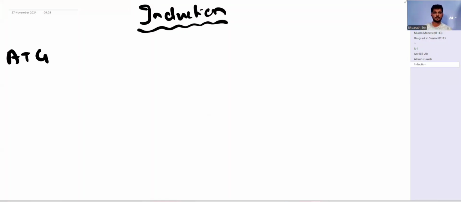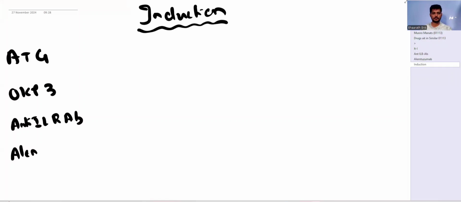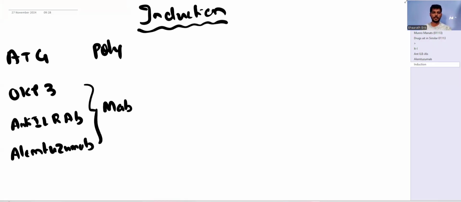So to summarize the induction agents, what we have is ATG, OKT3, which is muromonab, then anti-interleukin 2 receptor antibody and alemtuzumab. ATG is a polyclonal antibody. All these are monoclonal antibodies. ATG causes destruction of T cells.